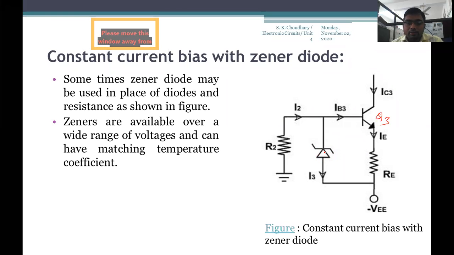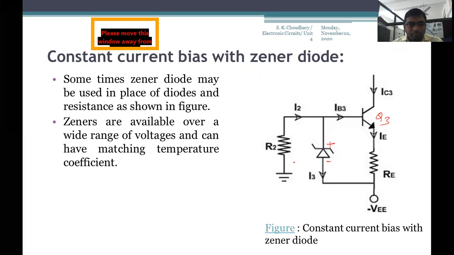As we know, the Zener diode operates in the reverse bias condition. So here this is the positive sign and here is the negative sign. At the cathode end we have shown positive, and at the anode we have negative, because it works in the reverse bias condition.